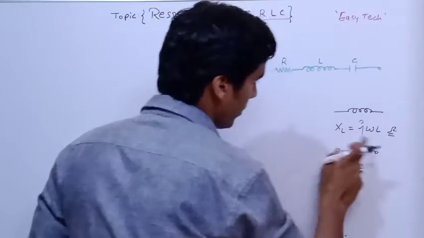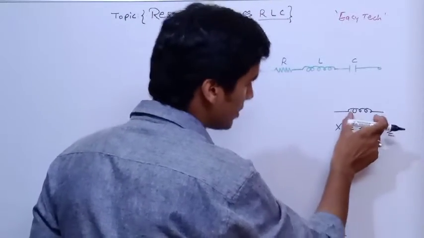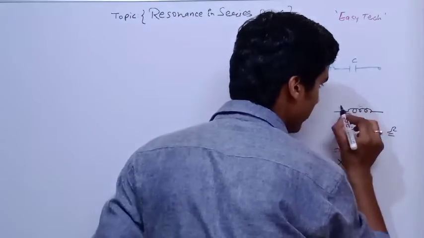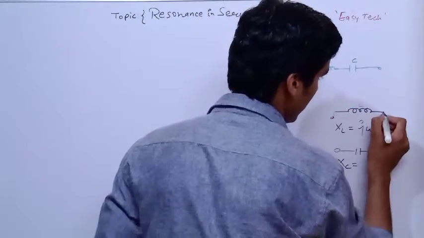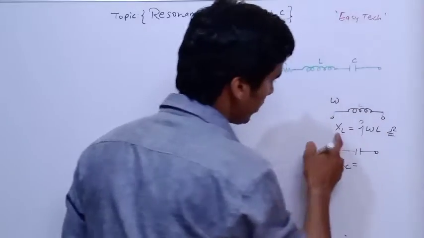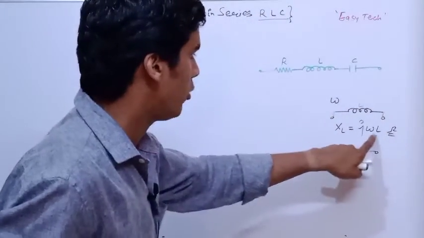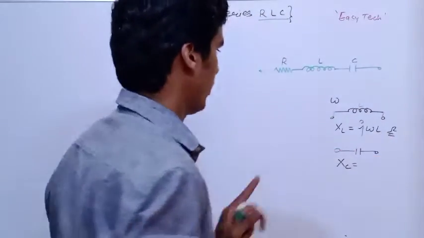So XL is given as j omega L. If the value of the inductor is L and the frequency of the input supply is omega, then the value of XL is j omega L, and the unit is ohm.